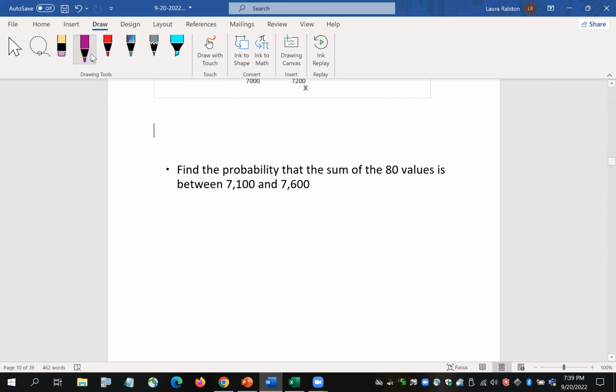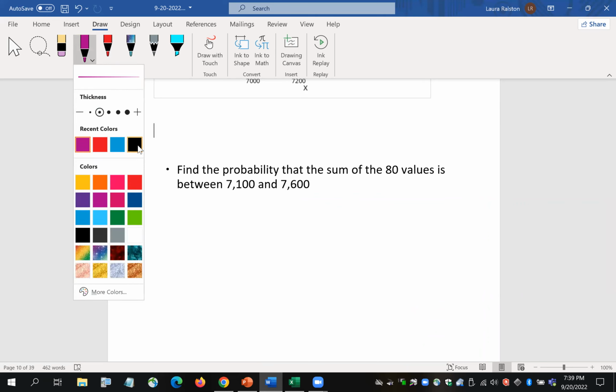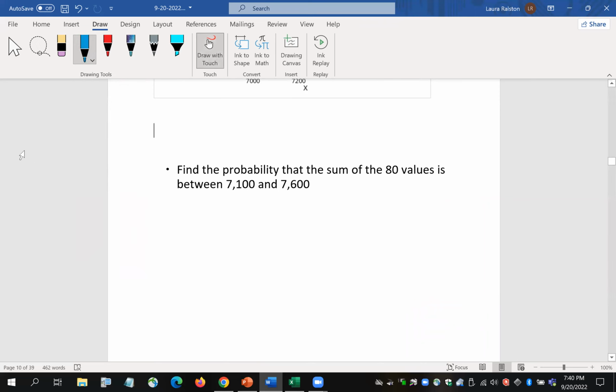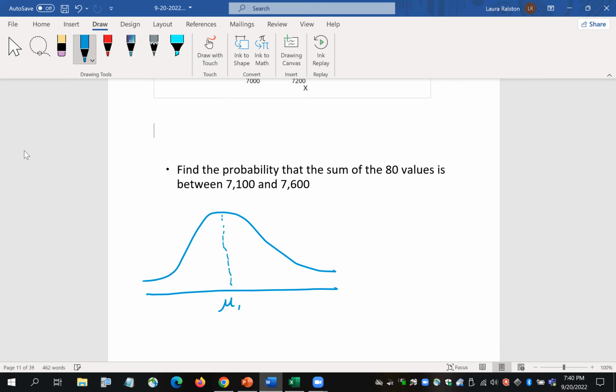Okay, one more. It says find the probability, we have the same distribution, find the probability that the sum of the 80 values is between 7,100 and 7,600. We know we have a normal distribution by applying the central limit theorem for the sum. The mean of sums is 7,200.